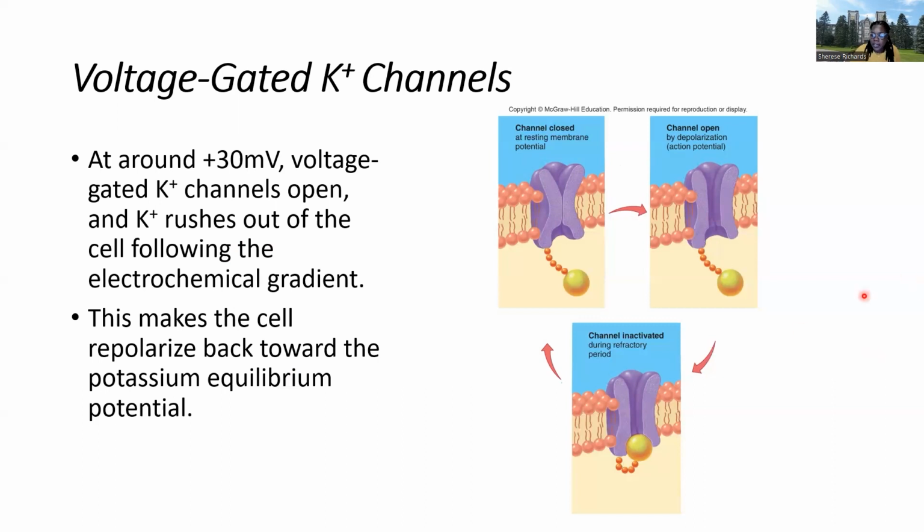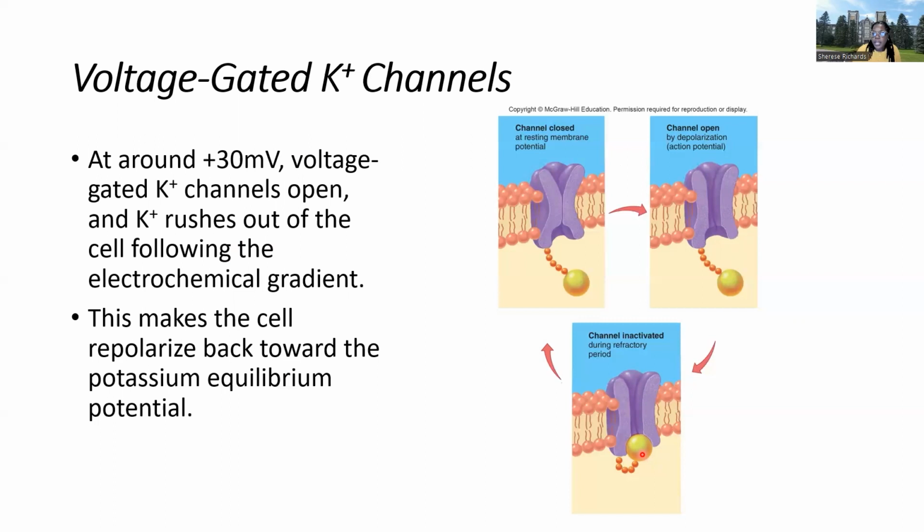Potassium can leave the cell, and then there will be a refractory period where the channel is inactivated, right? It's not possible to open the channel because we have not gotten back to negative 70, or we have not gotten back to rest. Okay, now potassium is a little bit easier than sodium because the gating mechanisms are pretty much working in the same way.